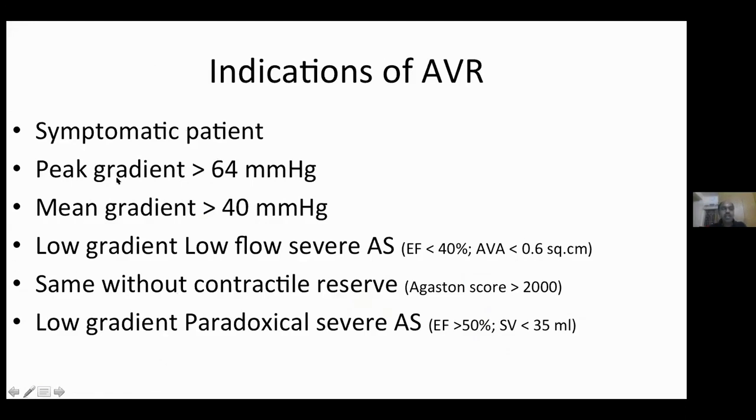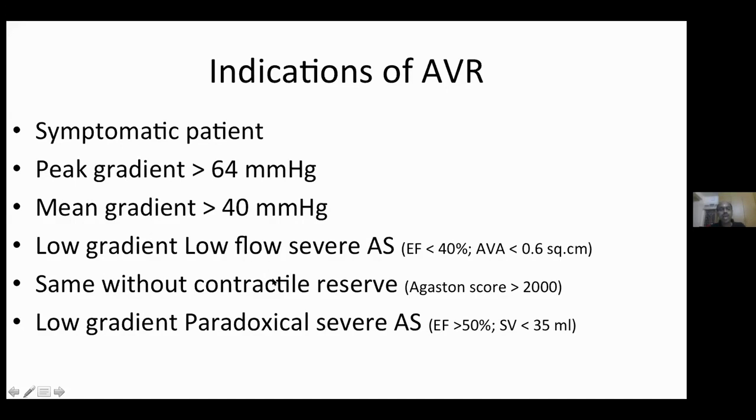And we need to understand there will be a few subgroups: low gradient, low flow, severe aortic stenosis where the ejection fraction will actually be low. They may have a contractile reserve, they may not have a contractile reserve, depending on the response to dobutamine.